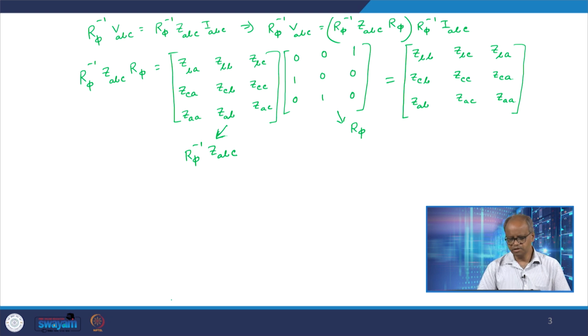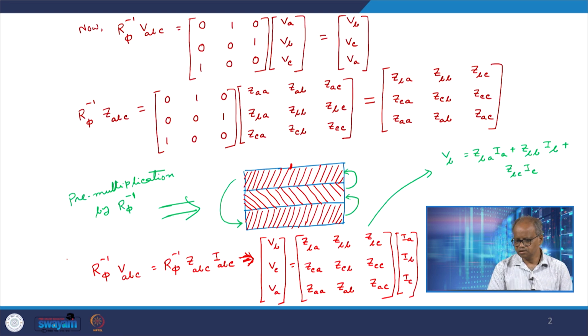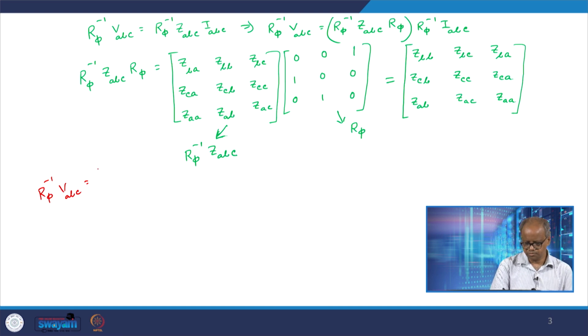And we have already seen that R phi inverse V ABC is basically VB, VC, VA.